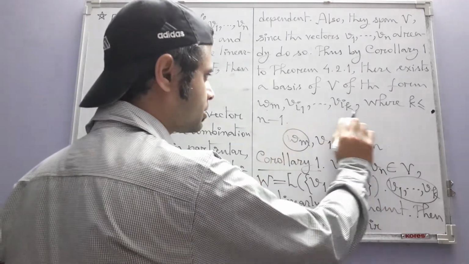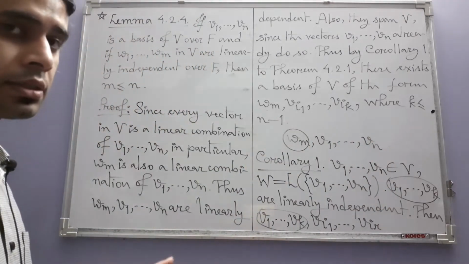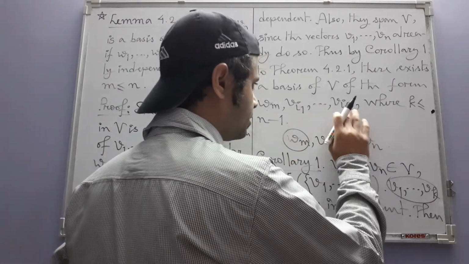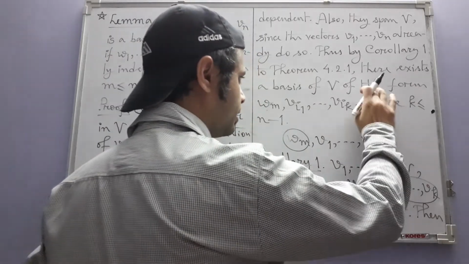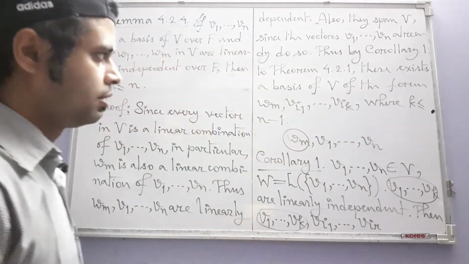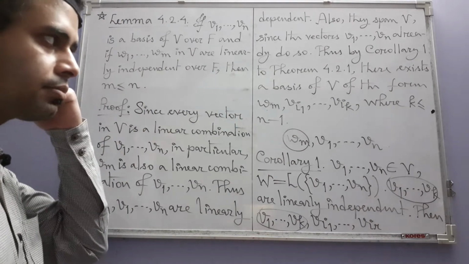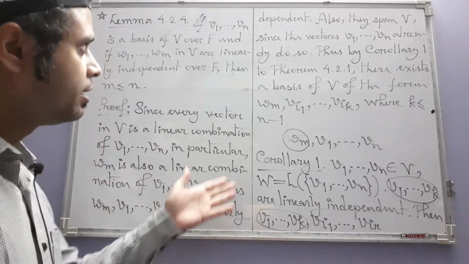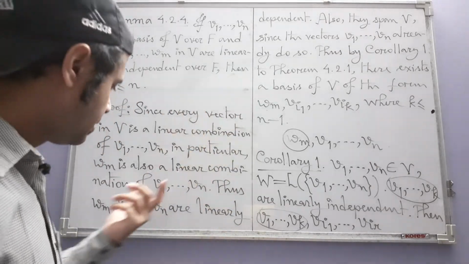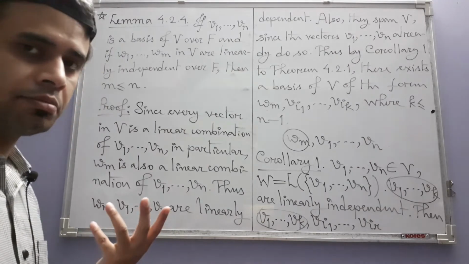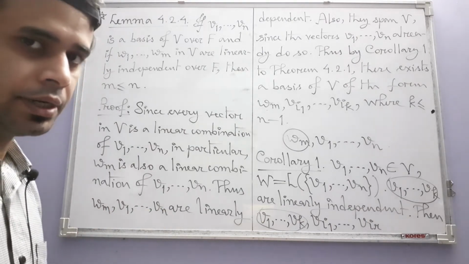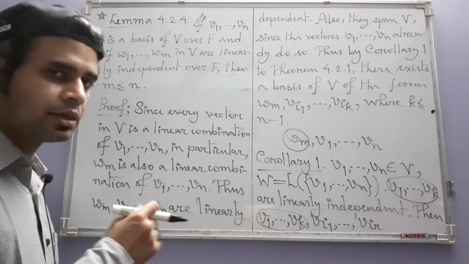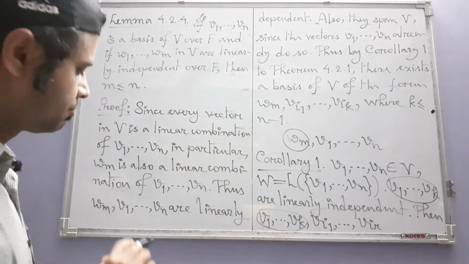Among these extra, there are k extra vectors where k can be at most n minus 1. Now why is that so? That is because this set is linearly dependent, so the entire set cannot form a basis because it's not linearly independent. For linear independence, some vectors have to be removed from among these.